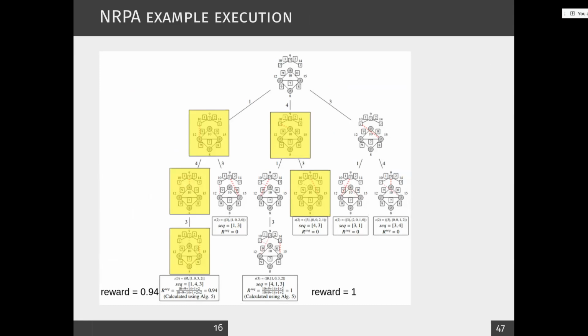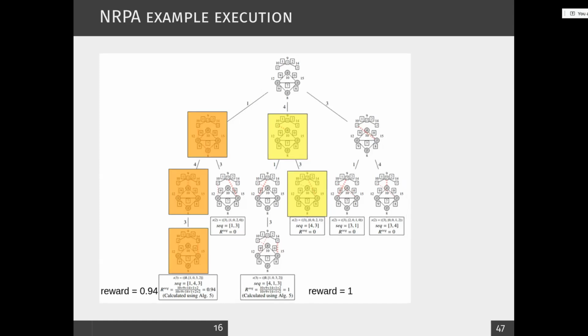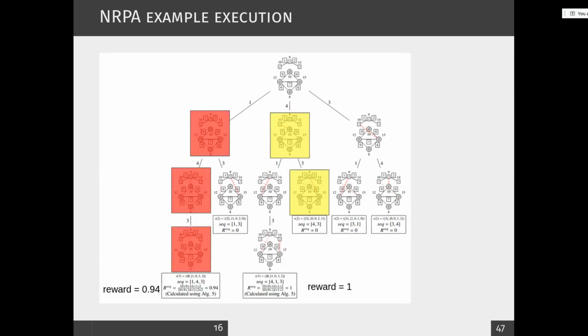So it's better than 0, so I will increase the weights of this sequence. And so maybe I will do another run, and I will find another one, but I won't find something better. So I will increase the weights of this one again because it's the best I've seen so far. And again, my policy will hopefully converge towards this one.